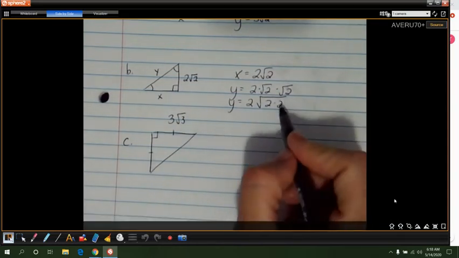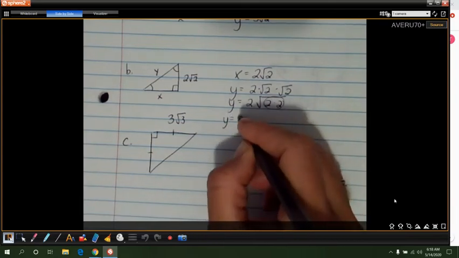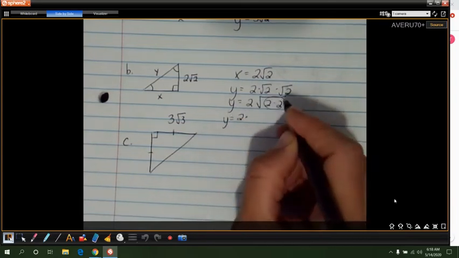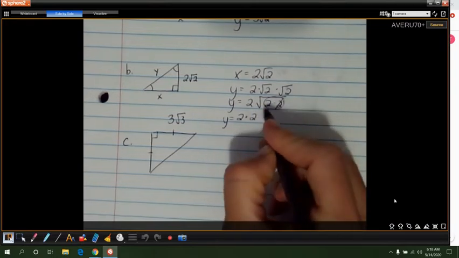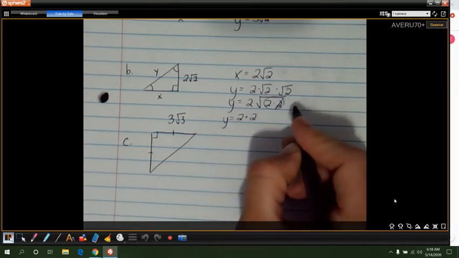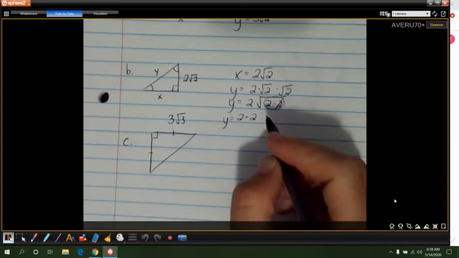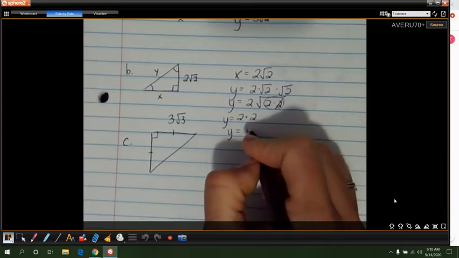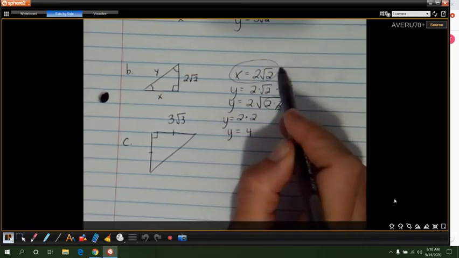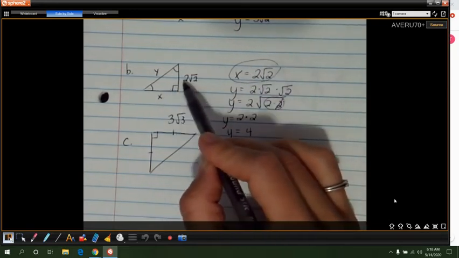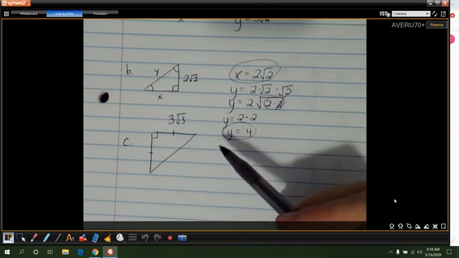They are going to circle up, and I have a 2 outside waiting. I have another 2 come out and join. This one's gone. No one is stuck in jail, so I don't need to leave my jail there anymore. And once they're outside, they do multiply. So y equals 4. So my two answers are x equals 2 radical 2 right here, because they're both bases, and my hypotenuse is y equals 4.